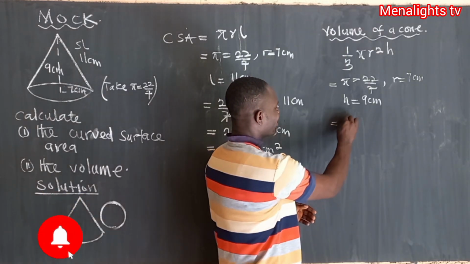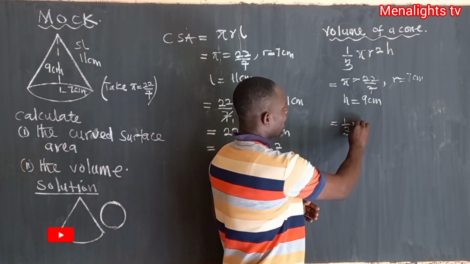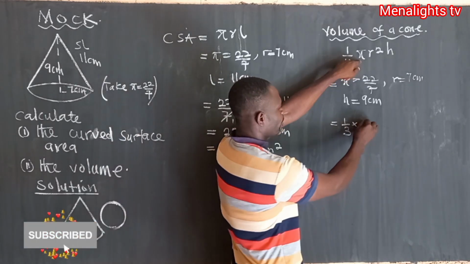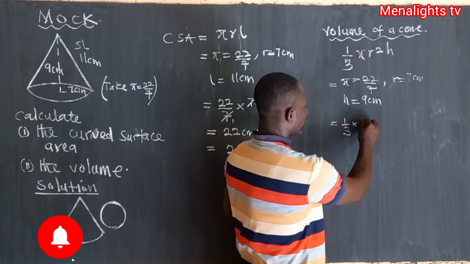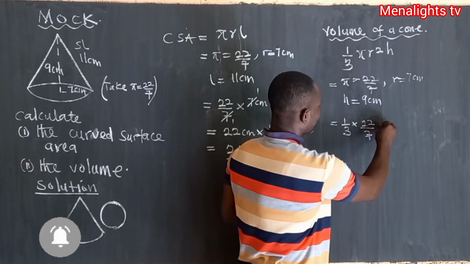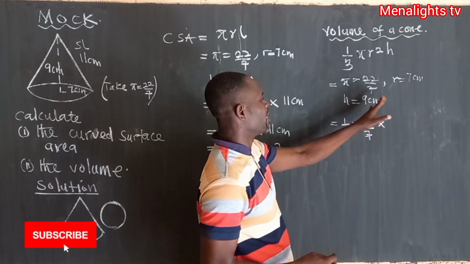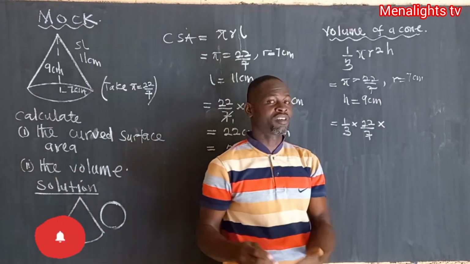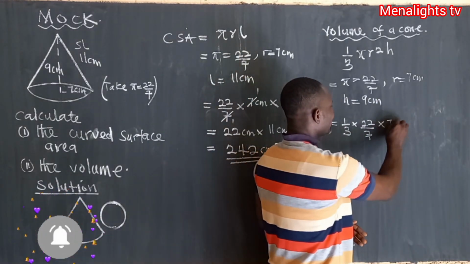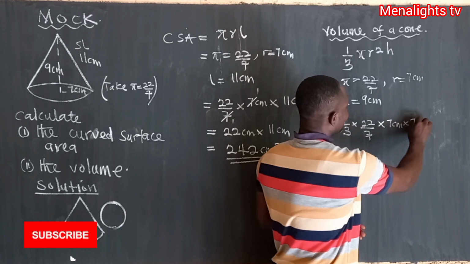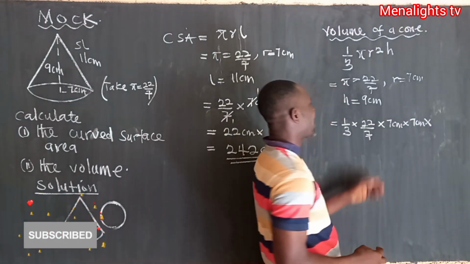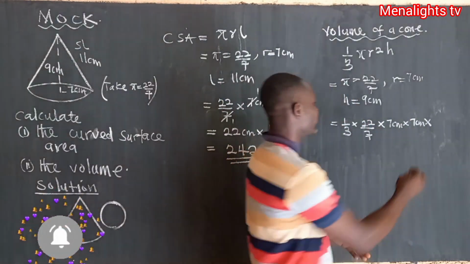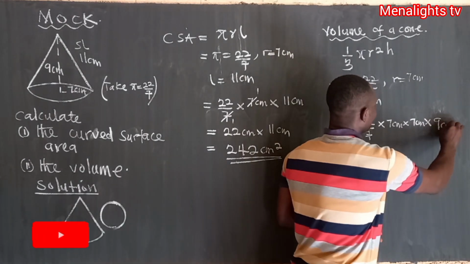Here we have 1/3 times the pi, which is 22 over 7, times the radius squared. That is radius times radius. So it becomes 7 centimeters times 7 centimeters times the height of what? 9 centimeters.